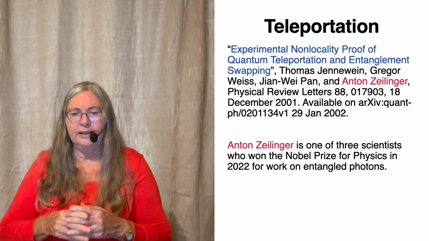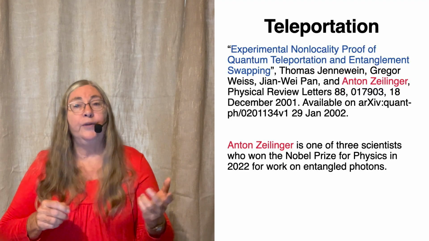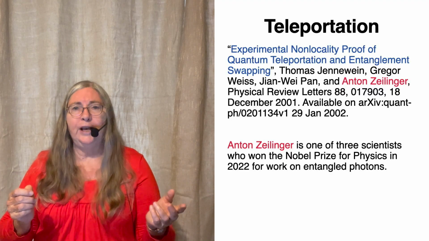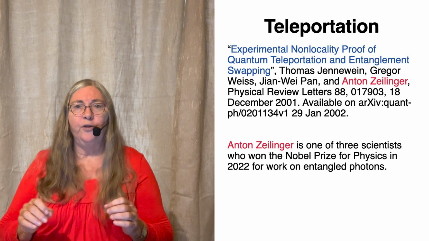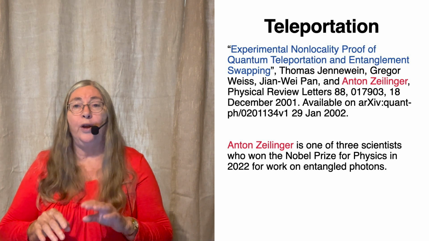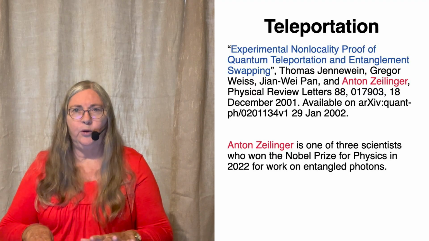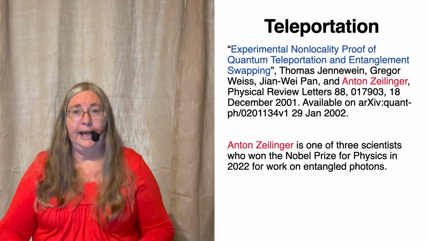To show you how it works, I want to focus on one paper that was done by Anton Zeilinger and two of his colleagues. This was in 2001, so it's one of the early experiments. Zeilinger was one of the three physicists who won the Nobel Prize in 2022 for work on entangled photons.